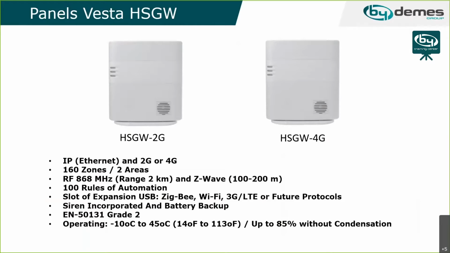We can put some plugs. We can add any kind of device for domotic or security purposes. We're going to see all these devices, and also some compatibilities with third-party devices like Philips automation devices or any other brand.